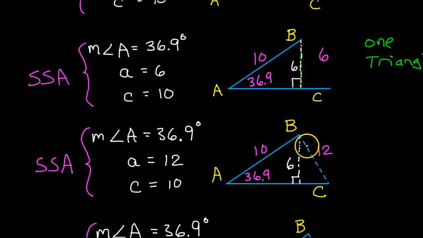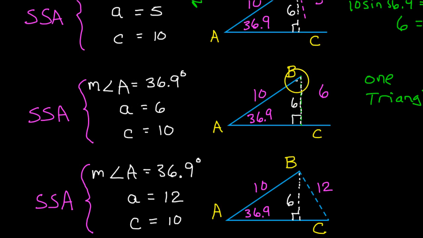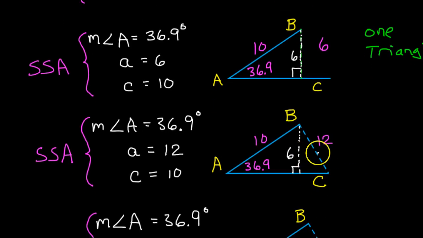But now, side A is longer than the height. First it was too short, and it couldn't reach, and so we had no triangles that we could make. Then it was exactly the height, so you could make just one triangle, just barely. But now it's bigger.